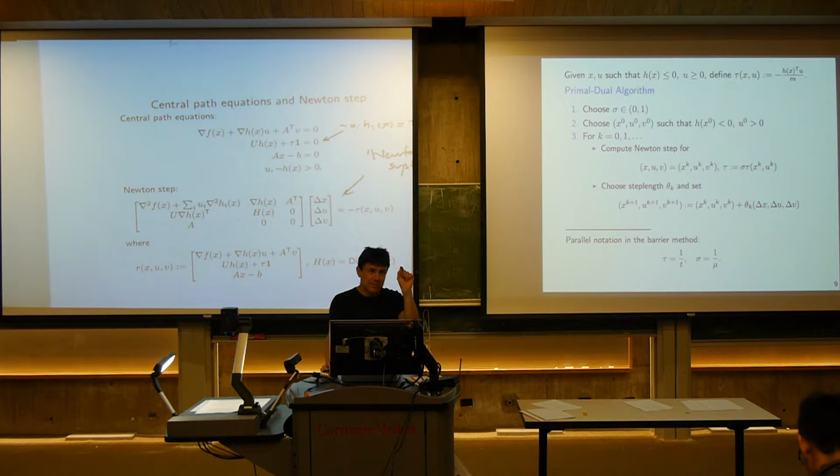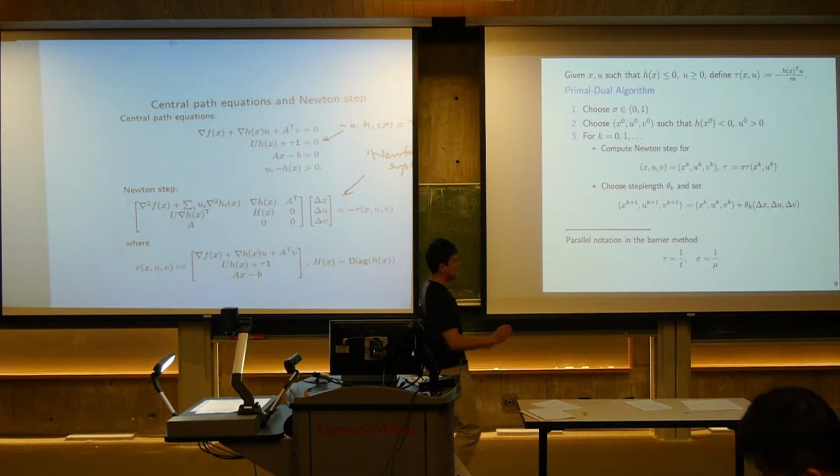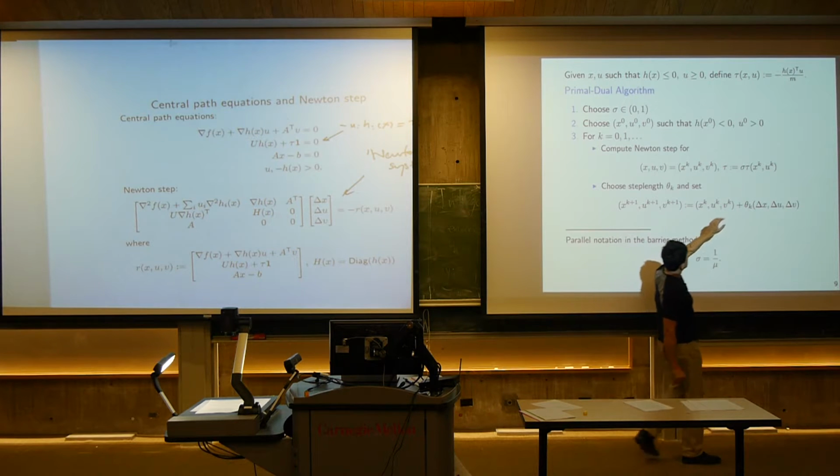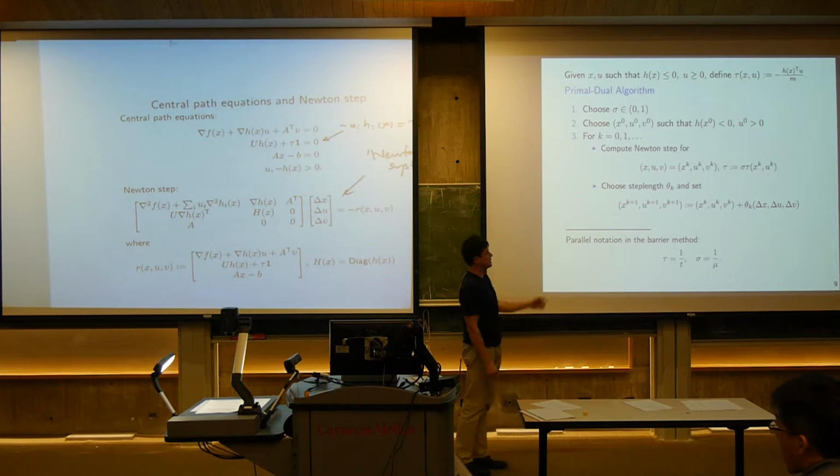And the tau that we pick is not the tau defined by x and u, but that tau shrunk by some constant sigma.